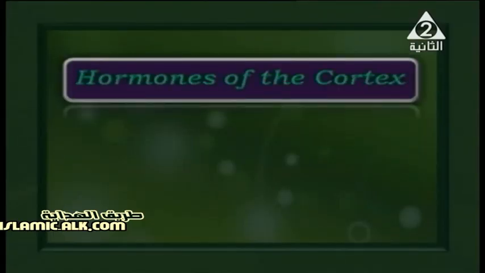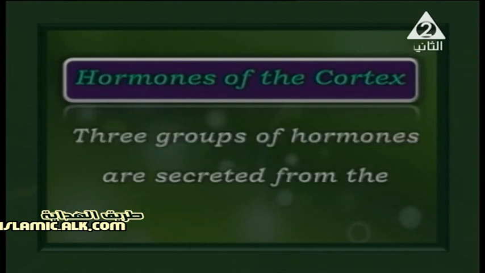Hormones of the cortex. We have groups of hormones secreted from the cortex. We have three groups.